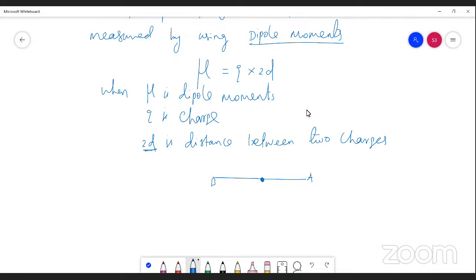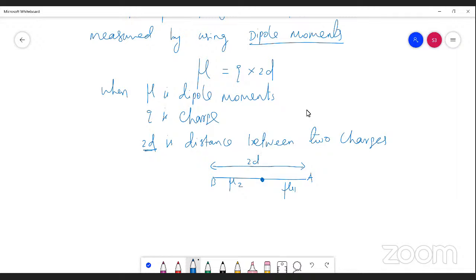The distance from the center to atom A can be considered as one dipole moment, mu1, and the distance from the center to atom B as another dipole moment, mu2. The distance between mu1 and mu2 is equal to 2D.